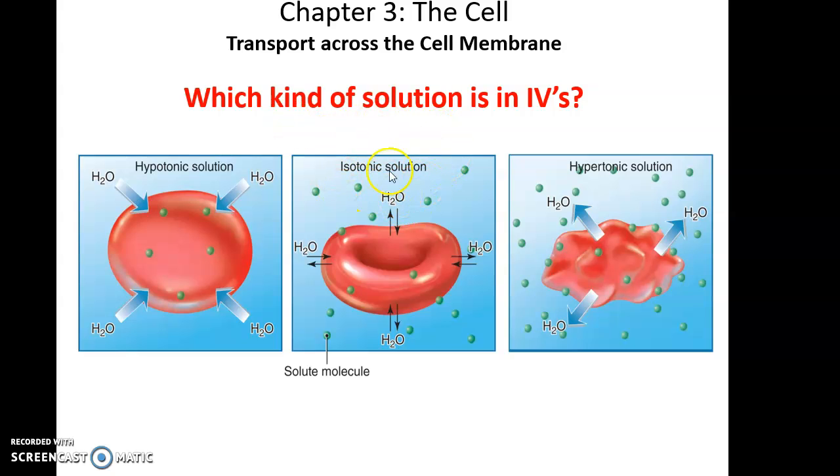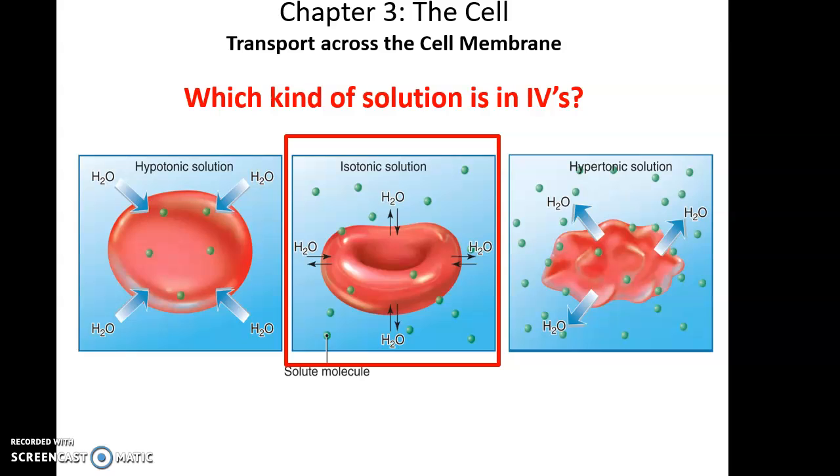Are they isotonic compared to red blood cells, or are they hypertonic compared to red blood cells? Well, I hope you said isotonic. Again, isotonic solutions is the environment the cell wants to be in. So the concentration of solutes in the IVs matches the concentration of solutes in the bloodstream. It's a different mix of solutes, but the relative concentrations are the same.